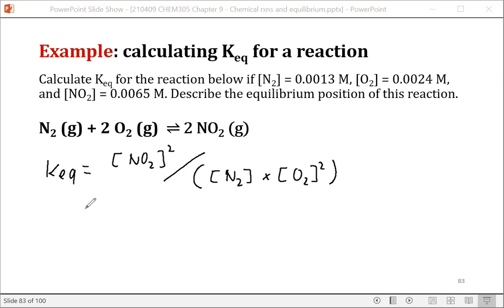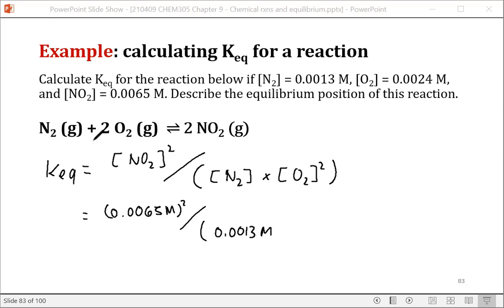So when I plug this into my calculator, I'm going to do NO2 concentration on top, 0.0065 molar raised to the second, divided by concentration of nitrogen, 0.0013.